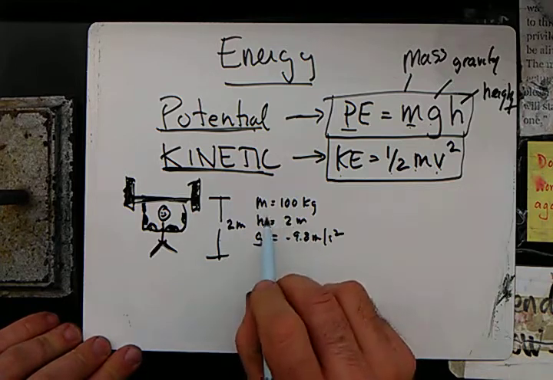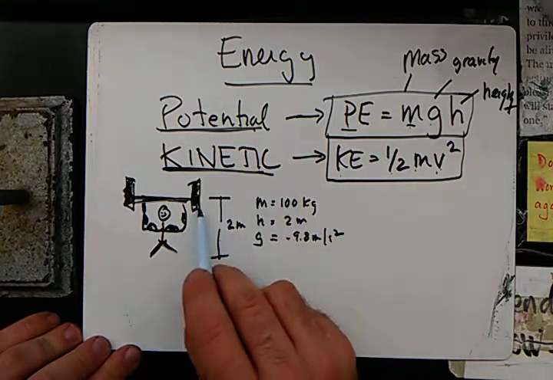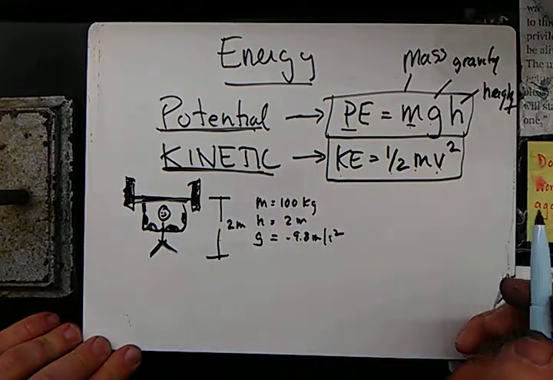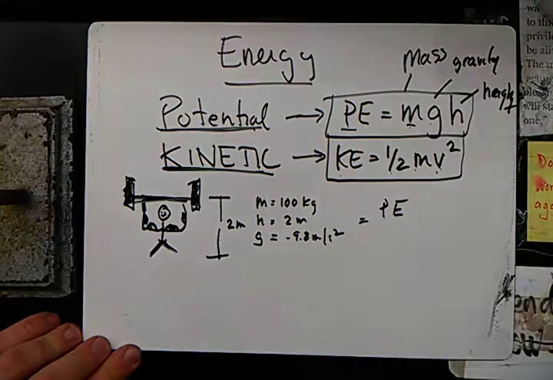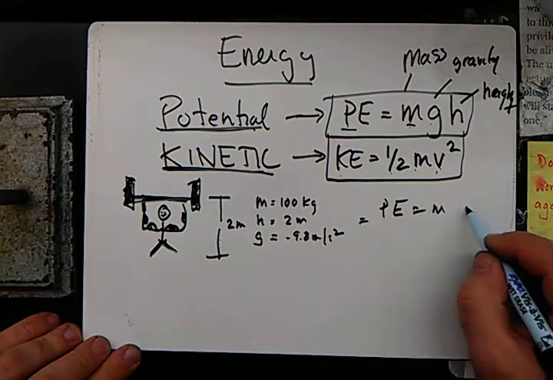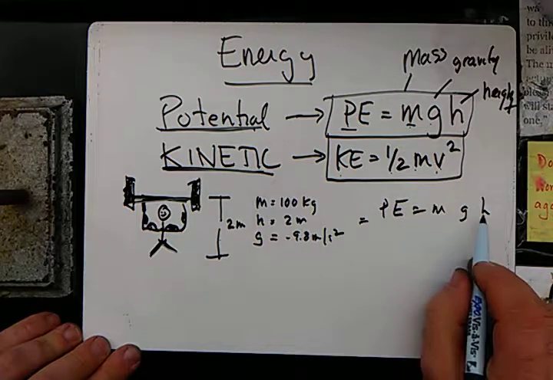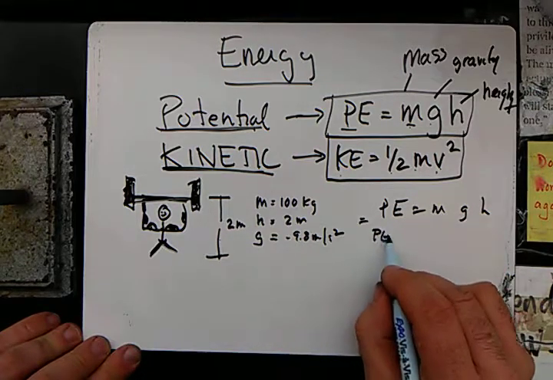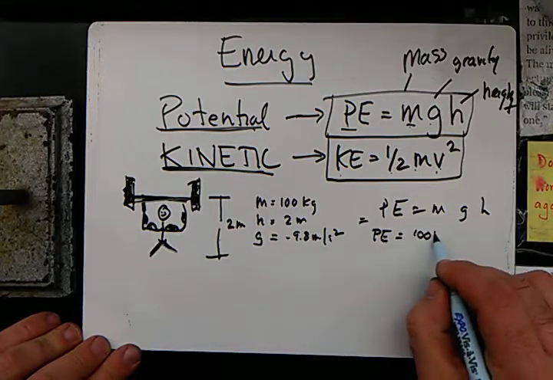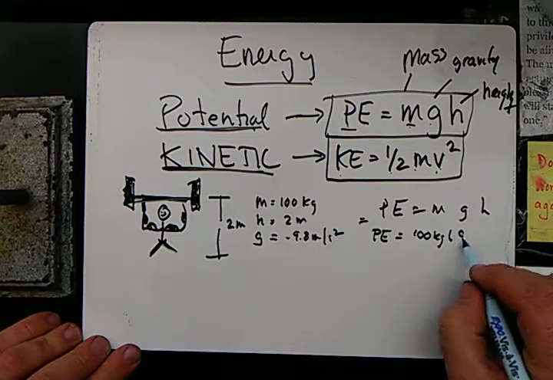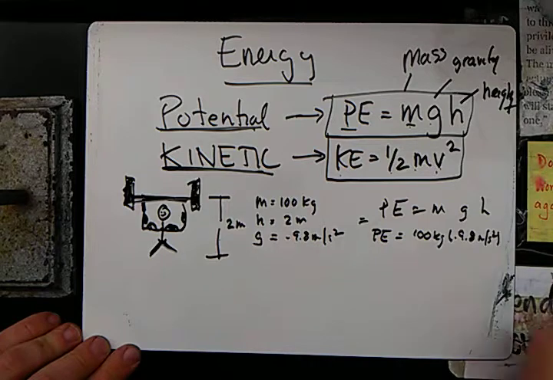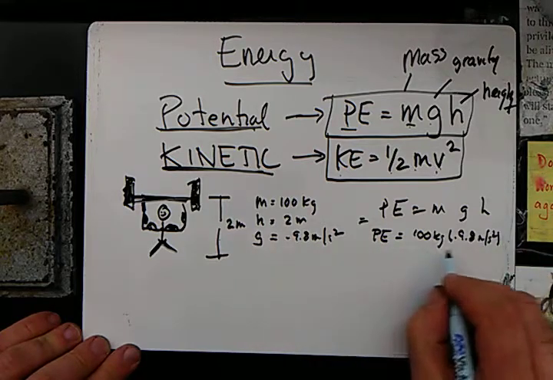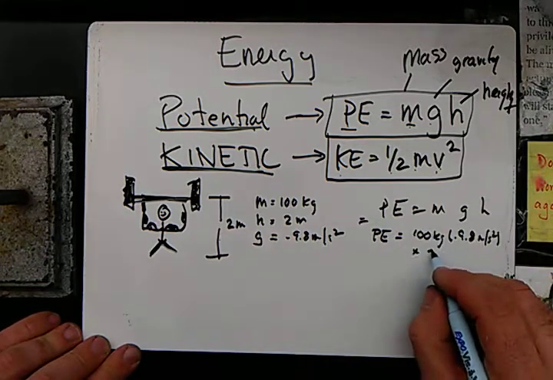The person's not moving the barbell, that's okay. I can calculate the potential energy to be mass times gravity times height. So potential is 100 kilograms times 9.8 meters per second squared times the height of 2 meters.